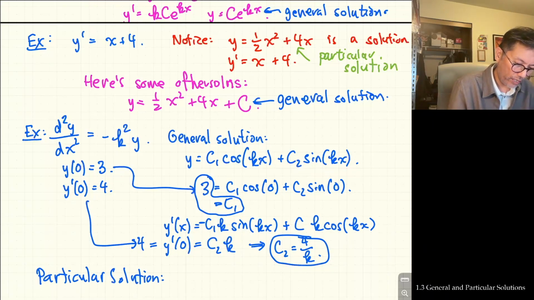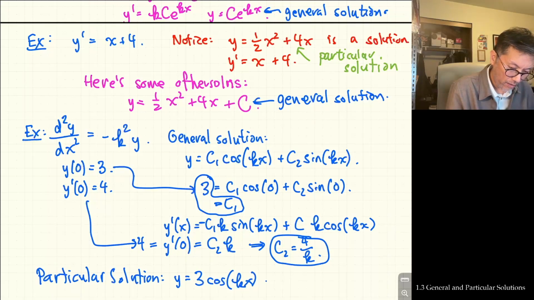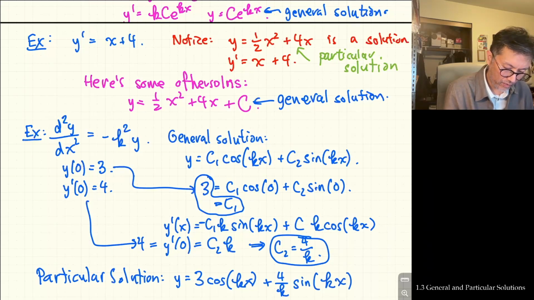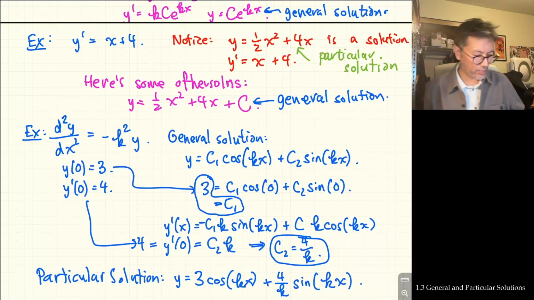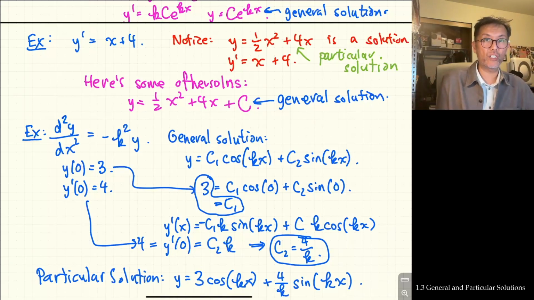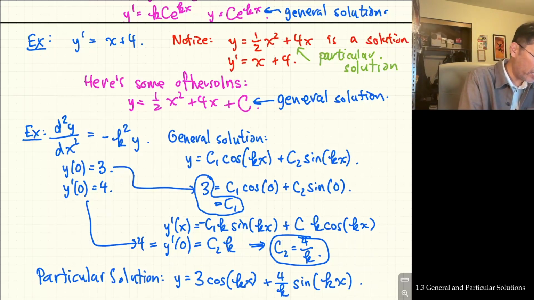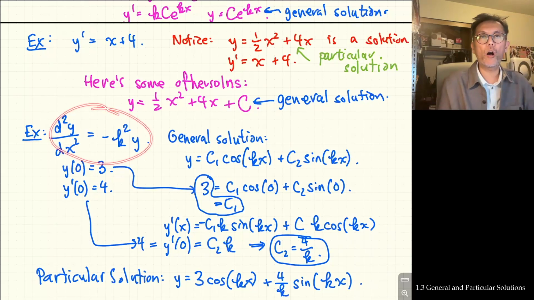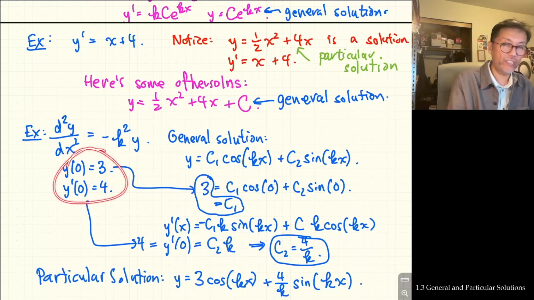So we learned that our final solution is y equals 3 cosine kx plus 4 over k sine kx. And what I'm saying is that this is the solution which not only satisfies this differential equation, but also satisfies these initial conditions.